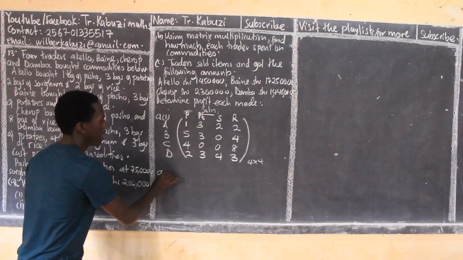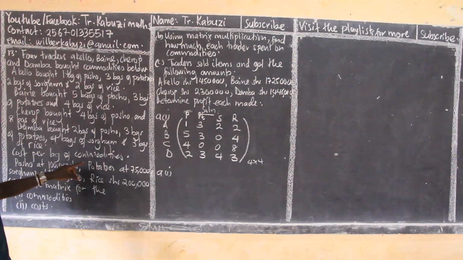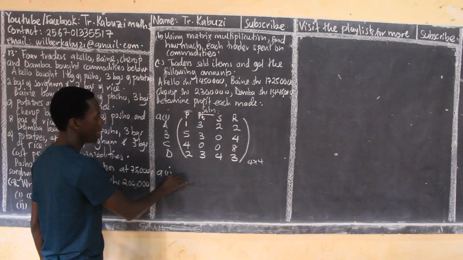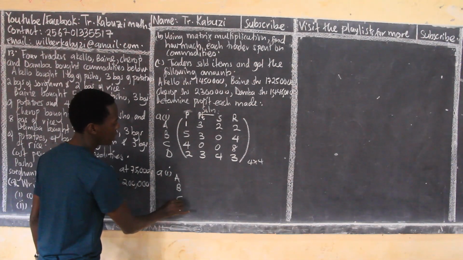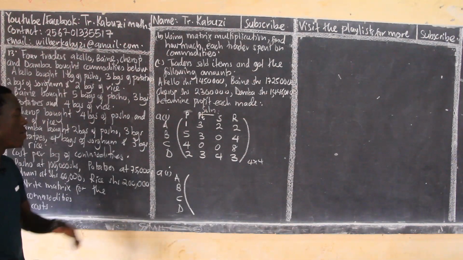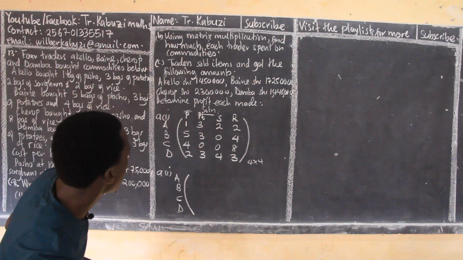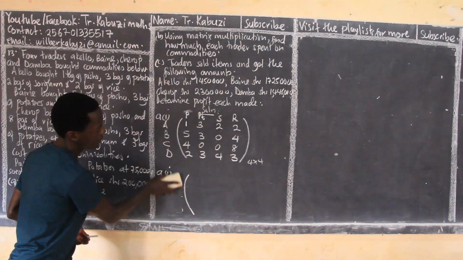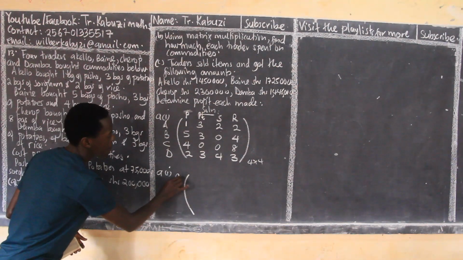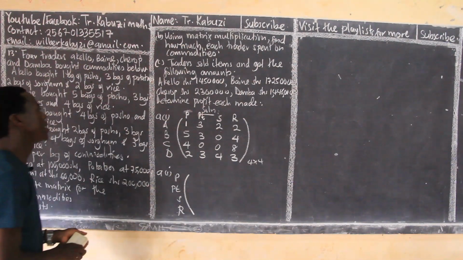Then Roman numeral 2, the costs. They told us the costs still in that order. So now I put A for Akero, B, Chorop, then Damba. Here it's going to be a 4 by 1 matrix. These are the costs for the commodities. I have posho, potatoes, sorghum, and rice in that order.